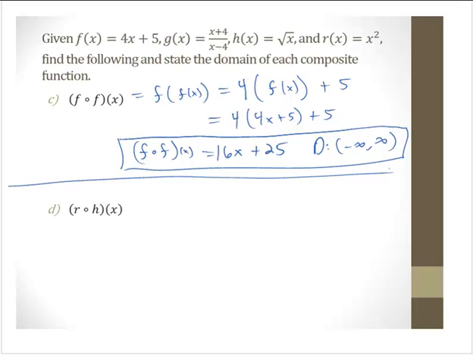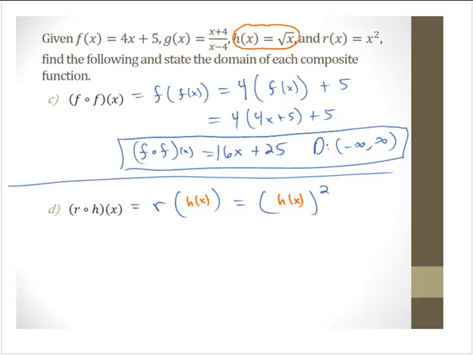All right, R composed h of x. So I'll think of h as being an orange. So R composed h of x would be, now R of x, so R of h of x. Now R of x is something squared, and the something is h of x.